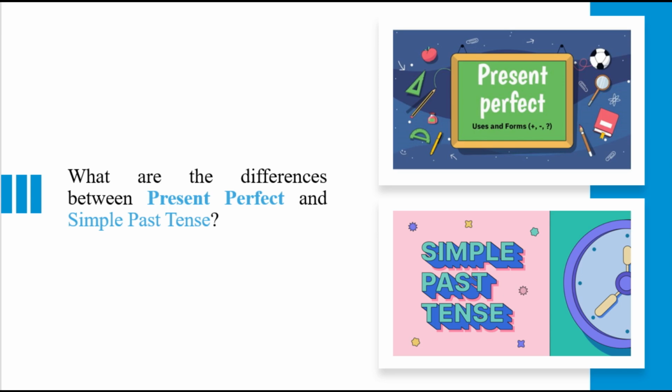So today I am going to explain to you the differences between present perfect and the simple past, and also give you some examples, some sentences, and maybe also some exercises that you could do in group or at home. It depends on how much time we will have at the end of the class.